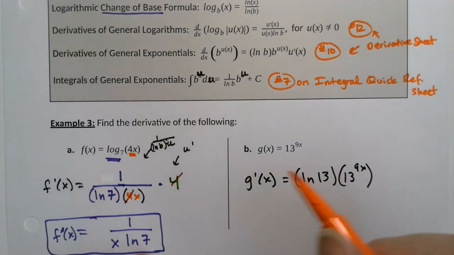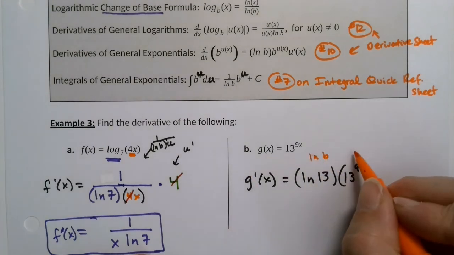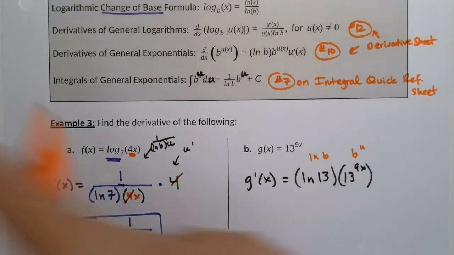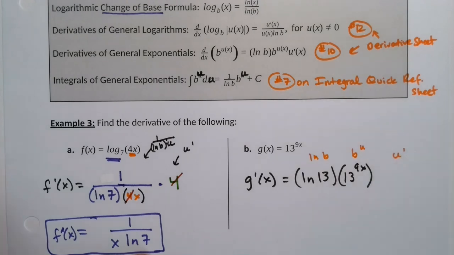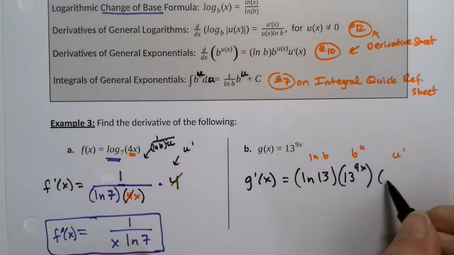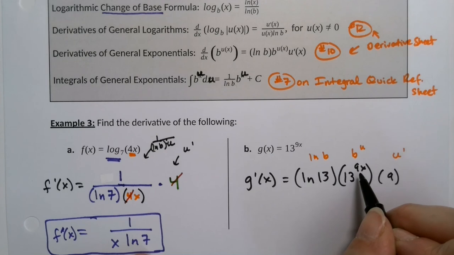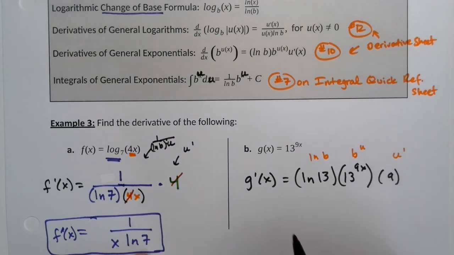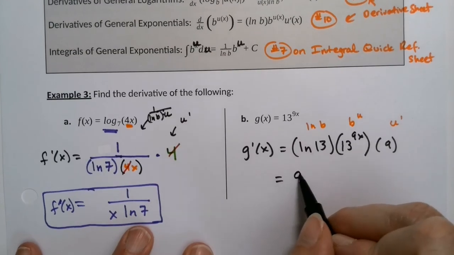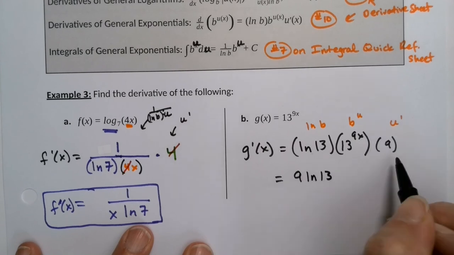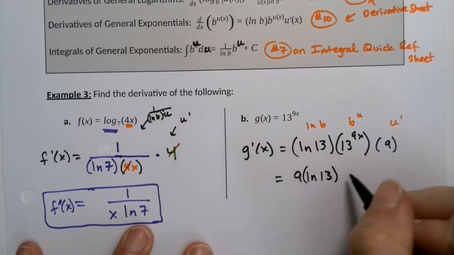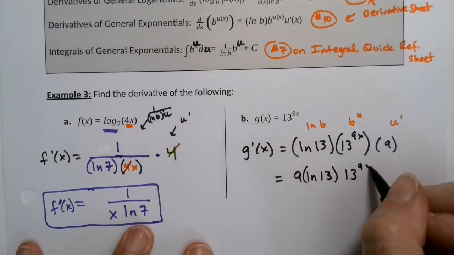And u prime is 9, because u is 9x. And that's pretty much it. I mean, we probably wouldn't write it in that order. We'd probably put the 9 in front. So it's 9 natural log of 13 times 13 to the 9x.